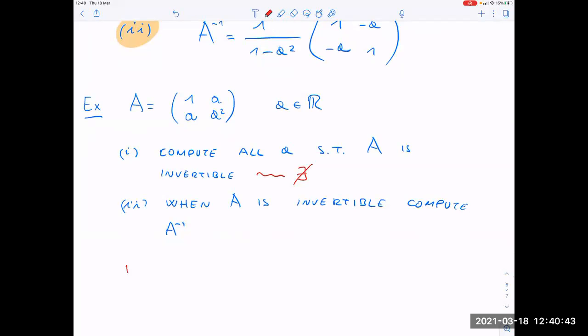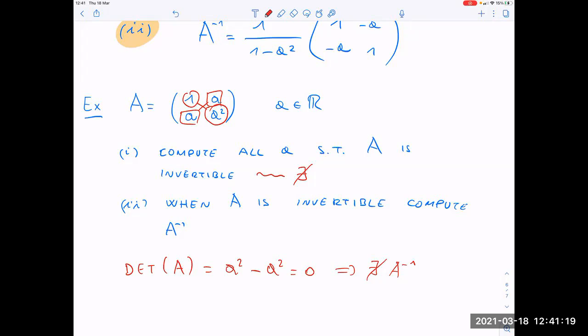What is the point here? The determinant of A, which we compute with the formula, product of diagonal elements, so A squared, minus product of the anti-diagonal elements, minus A squared, is 0. And so it is never invertible because our lemma says that the inverse exists if and only if I can find a non-zero determinant, right?